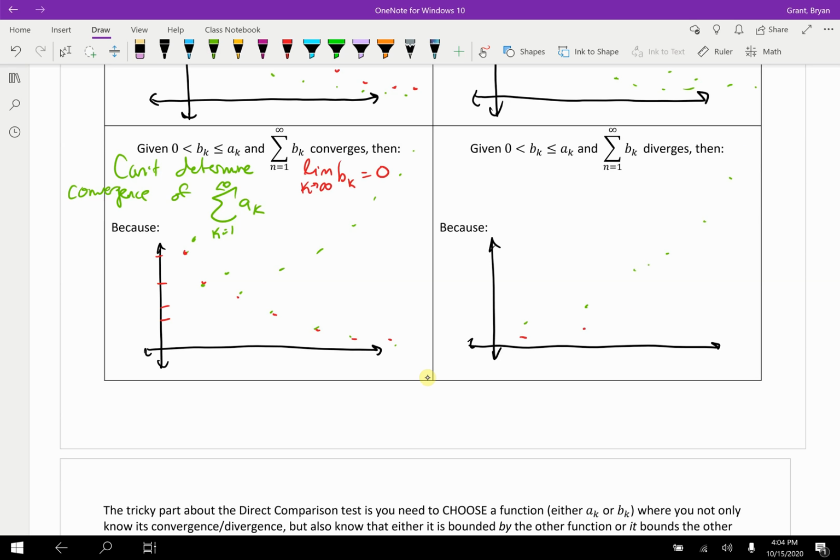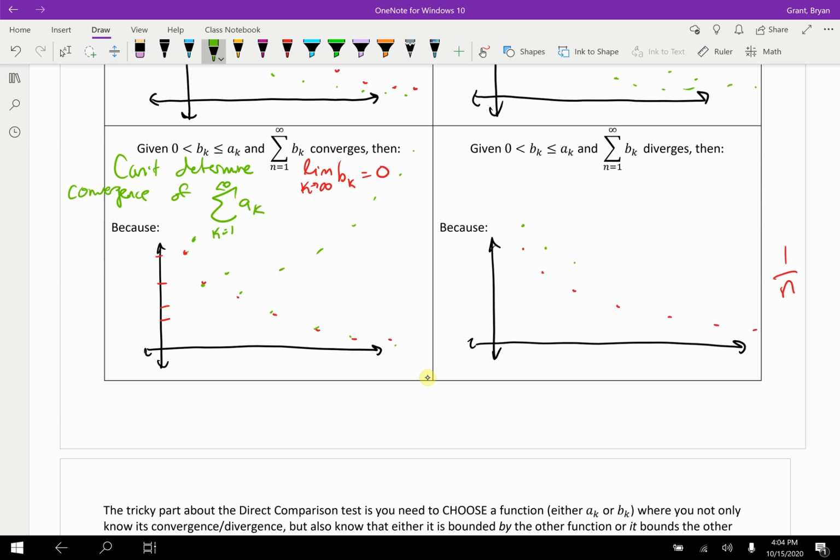And it's a little bit trickier to see if I had drawn it the other way, but it would still work, right? So if I did something like this and I said, okay, we know that b sub k diverges, right? Even though it's going to 0, maybe b sub k is like 1 over n or something. If you're adding up each of these, it diverges. And a sub k is above that.